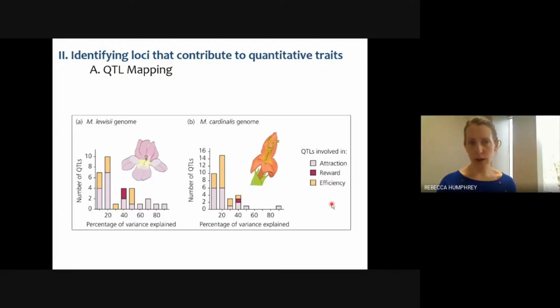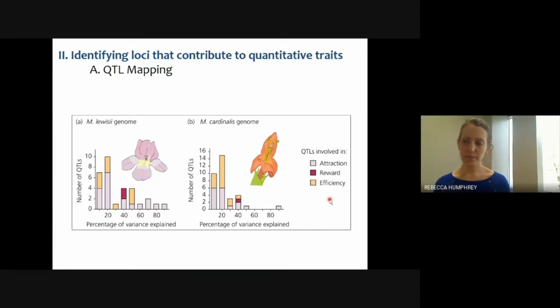So are they related to attracting pollinators, providing a reward like copious pollen or lots of nectar, and efficiency of pollination? So does the flower structure allow for a bee to land on it, for instance, or is it structured in a way that deposits the pollen right where it needs to be to transfer it to another flower?